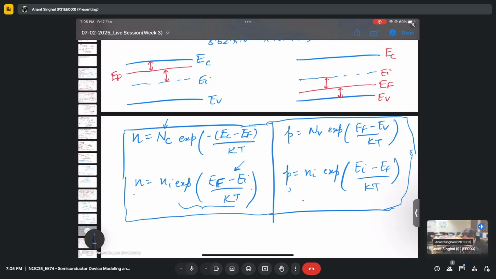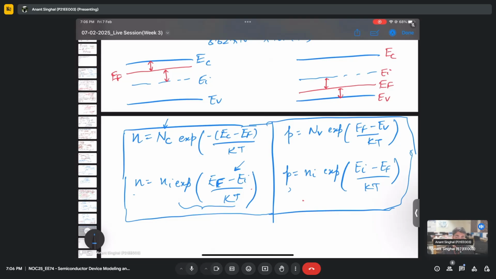Is there any doubt in these formulas? I can explain right now, otherwise we can move ahead using these formulas. Any doubts? Anyone? What is NC representing?